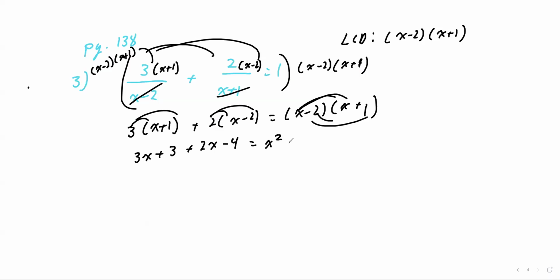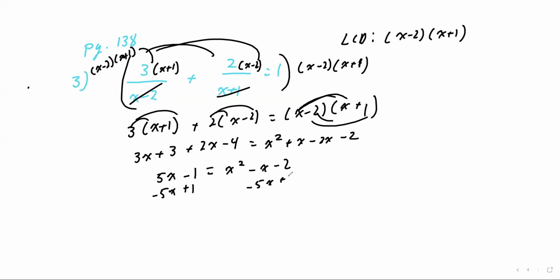So it's going to be x squared plus x minus 2x minus 2. Combine like terms. So that gives me 5x minus 1. And then x squared minus x minus 2. Again, I see it's quadratic, so I want to set it equal to 0 by moving everything over. So that's going to be a minus 5x plus 1.